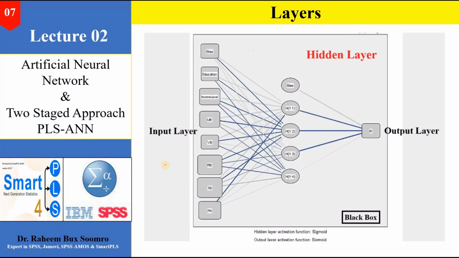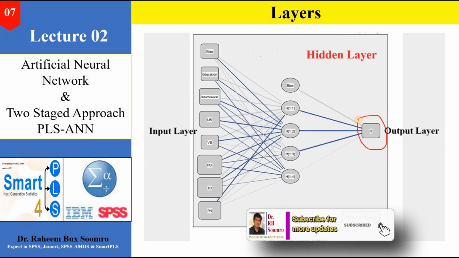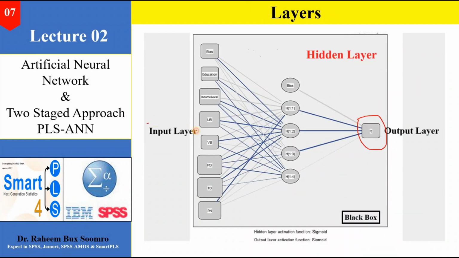Now here, this is one type of graph which will be produced by the ANN if you demand it. Here you are looking at our output layer, which we can call the dependent variable, and this is our input layer. These are our independent variables, the different predictors. And these are basically the hidden layers.